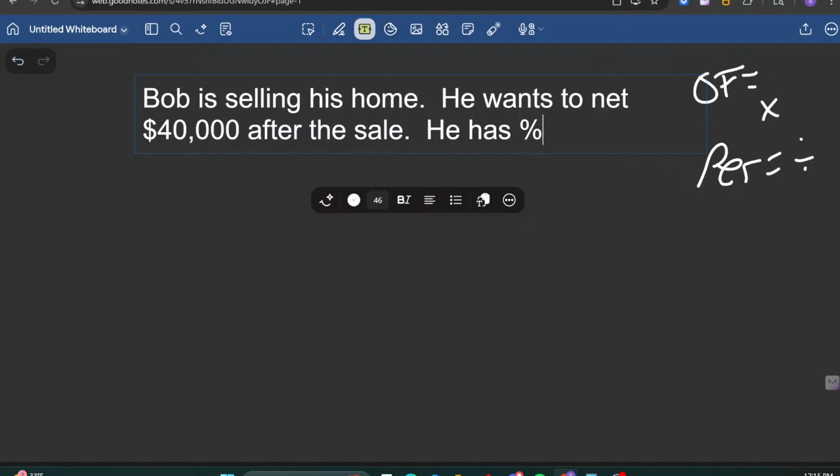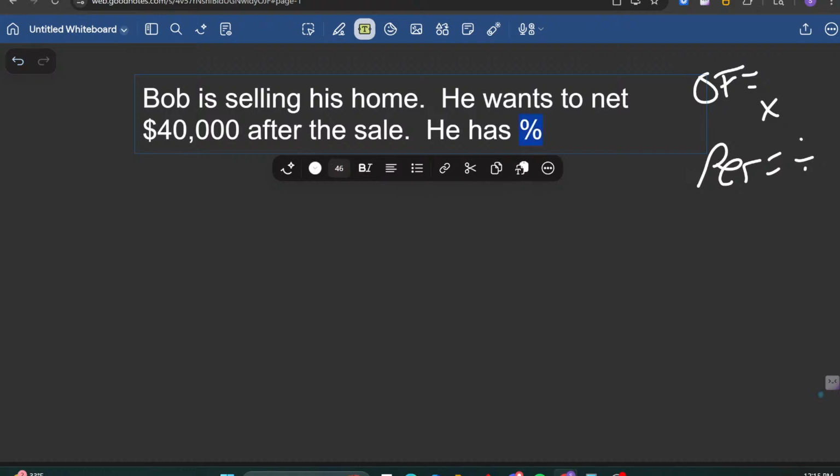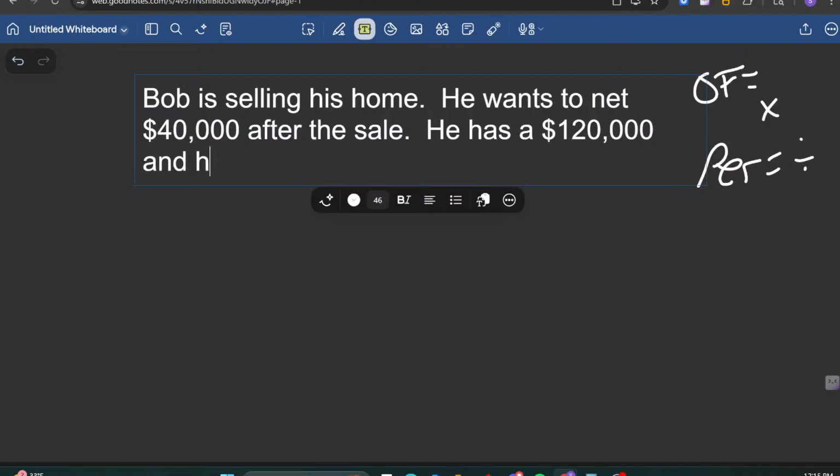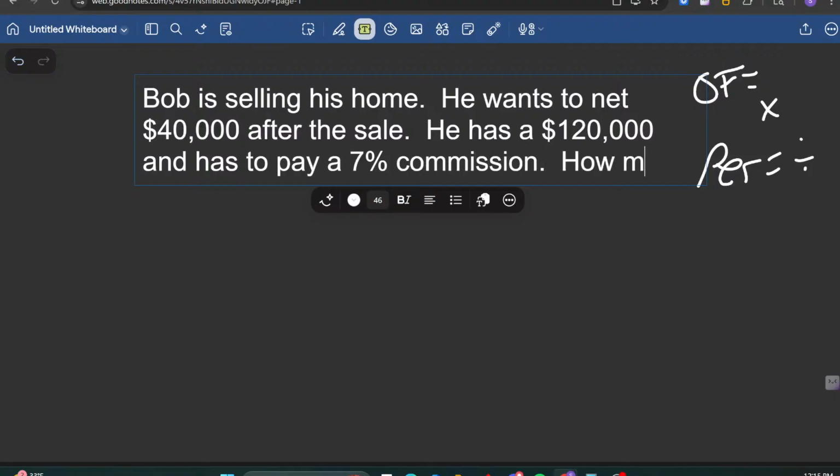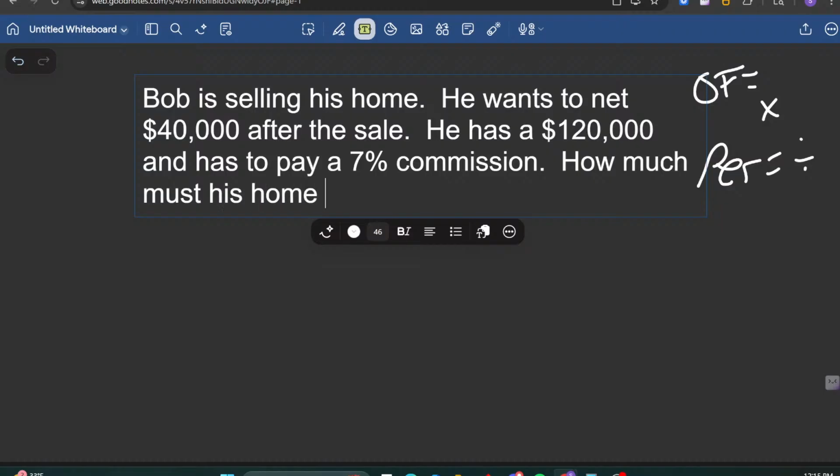Let me see if I can undo that. Well, I think I said a $120,000 mortgage. The only negative to this is sometimes the butterfingers happen. He has 120,000 and has to pay 7% commission. How much must his home sell for?